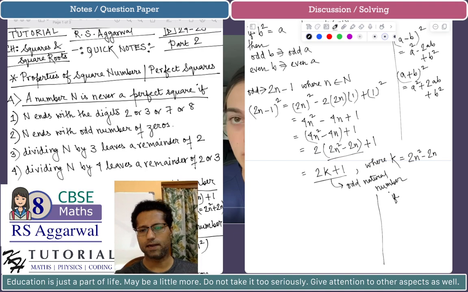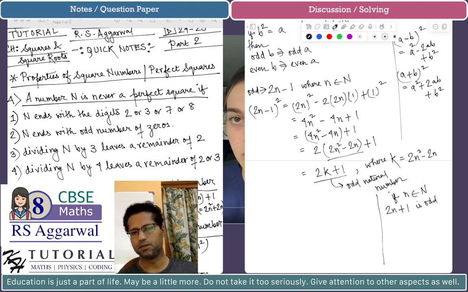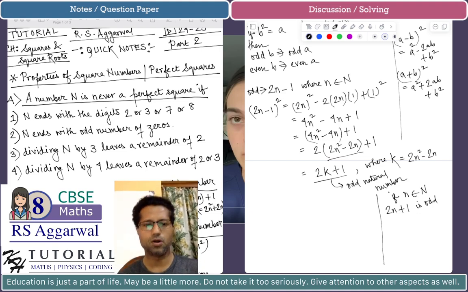But please note that if n is a natural number, then 2n plus 1 will always be an odd natural number. Hence, we can say that the square of 2n minus 1, that is (2n minus 1) whole square, we got in the form of 2k plus 1, which is an odd natural number. So this was the fact that the square of any odd natural number is also an odd natural number.